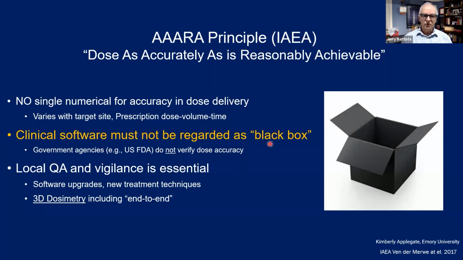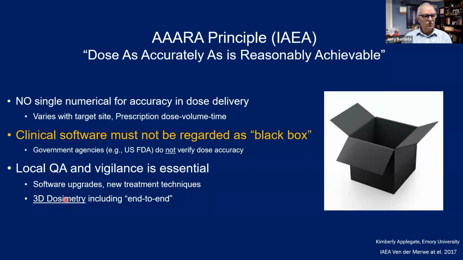And again, I mentioned earlier that clinical software cannot be treated as a black box. So local quality assurance and vigilance is important, especially since there are software upgrades and there are new treatment techniques. An algorithm that worked for one treatment technique may not be so suitable for another one. An example might be stereotactic small beams.